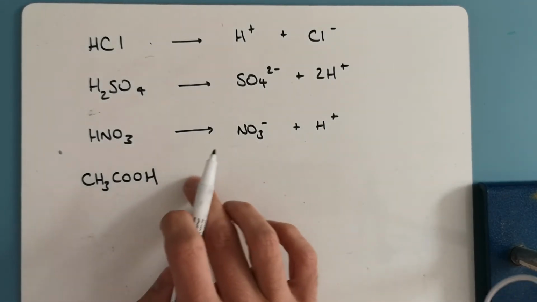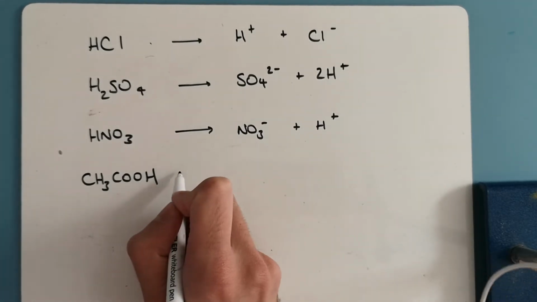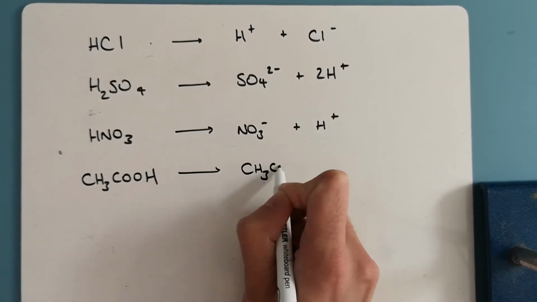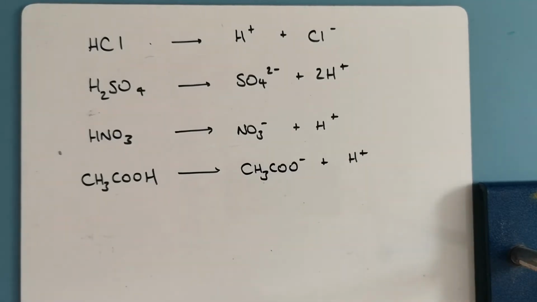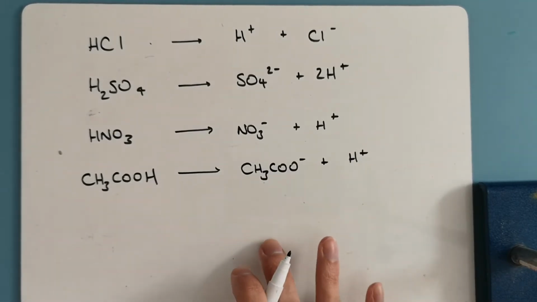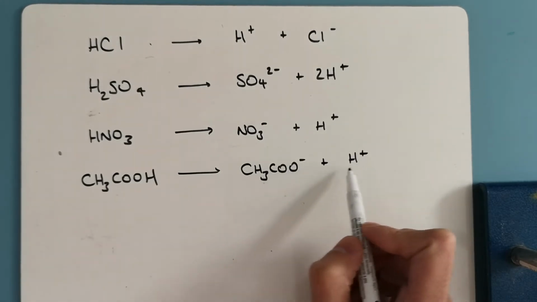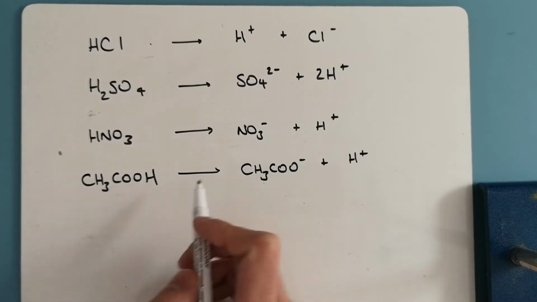Now, ethanoic acid is a weak acid, so something slightly different happens. First of all, yes, it can dissociate, and we get our conjugate base and H+, so that's it dissociated. But then these come back together, so that H+ can rejoin with that negative ion and go back to form ethanoic acid.